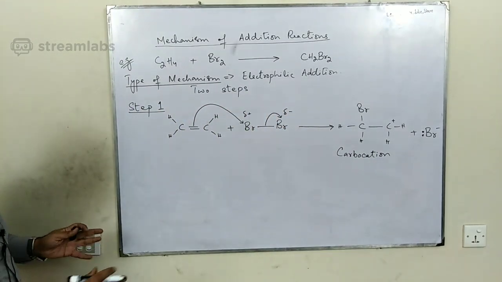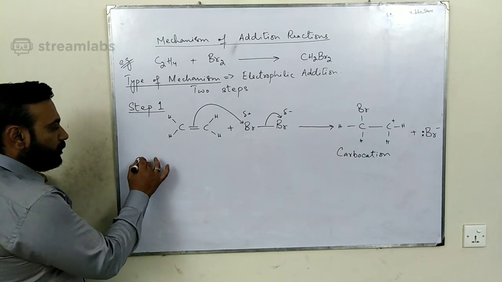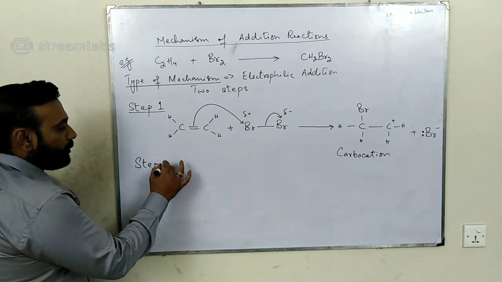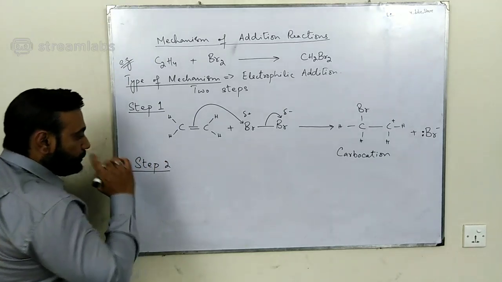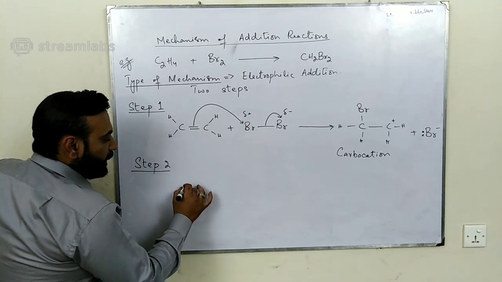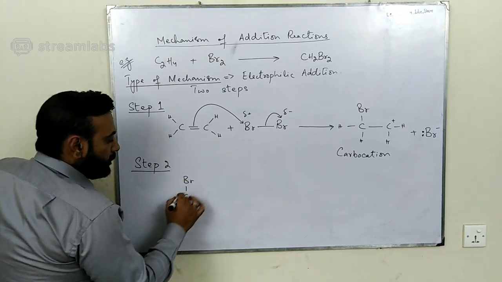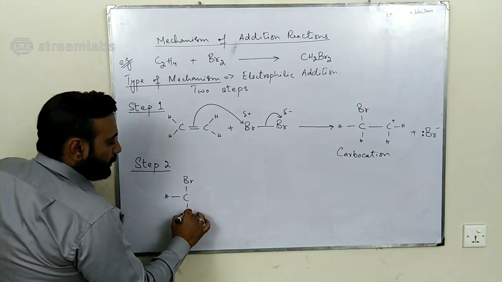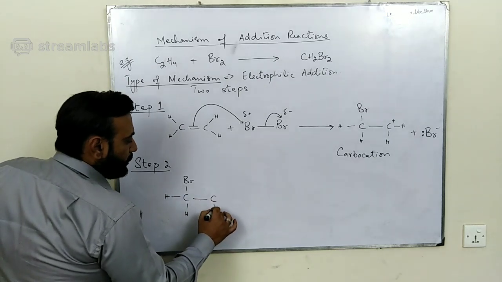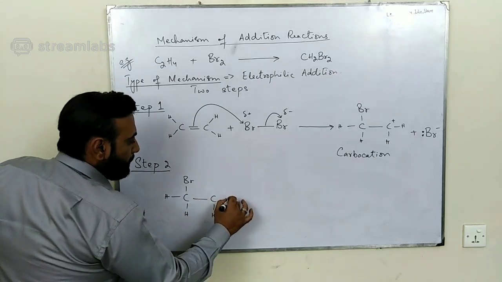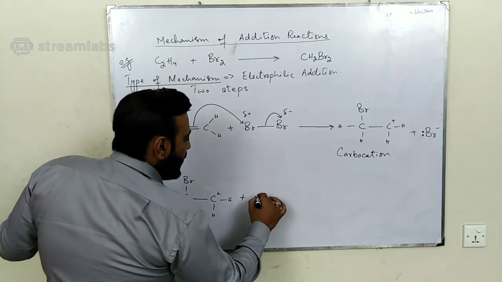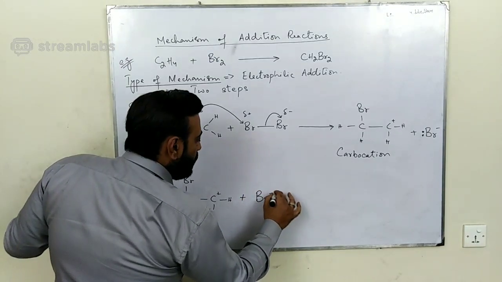This was step 1. Now in step 2, that carbocation will react with this bromide ion.